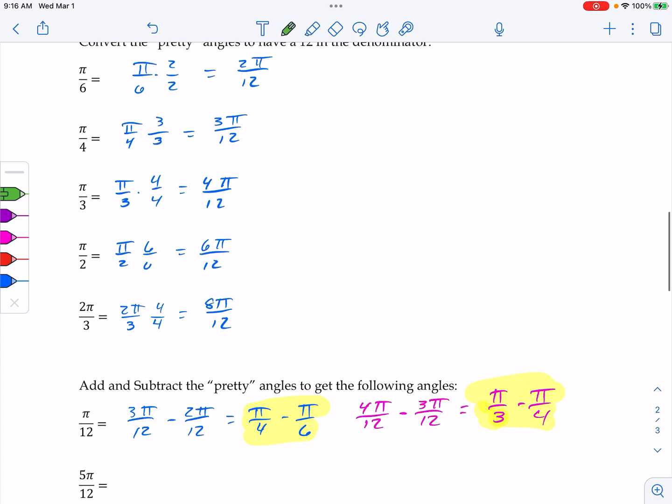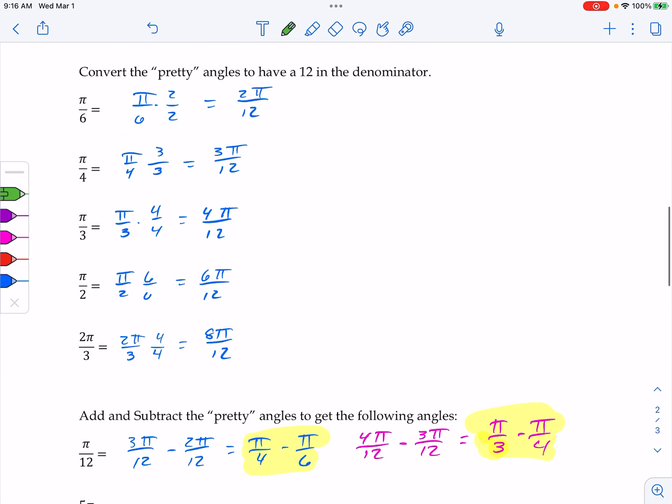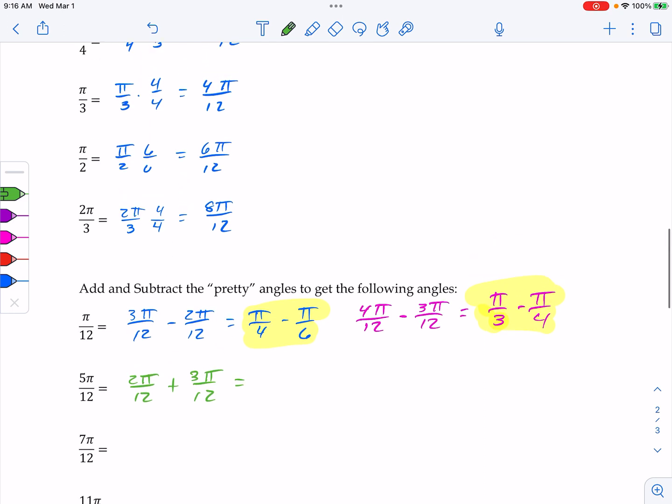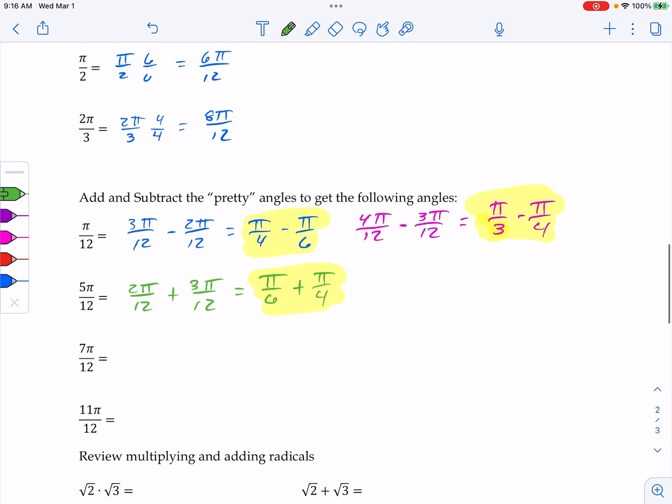All right, I got to get 5 pi over 12. So I can add 2 and 3. So 2 pi over 12 plus 3 pi over 12. So that's pi over 6 plus pi over 4. That's my sum that I'm going to use in sum and difference identities, hence why they're called sum and difference identities.